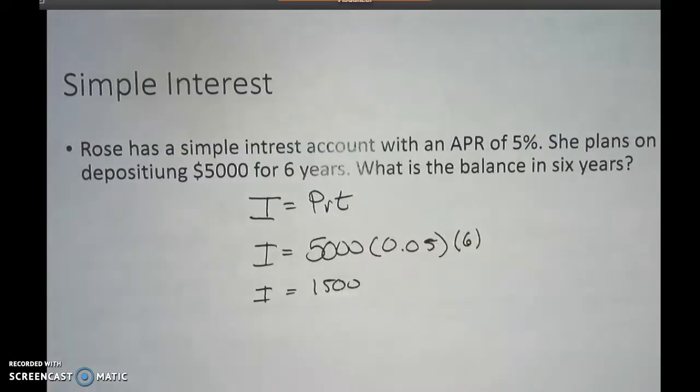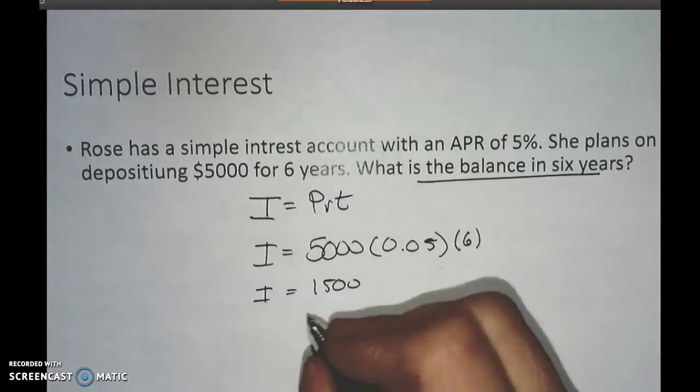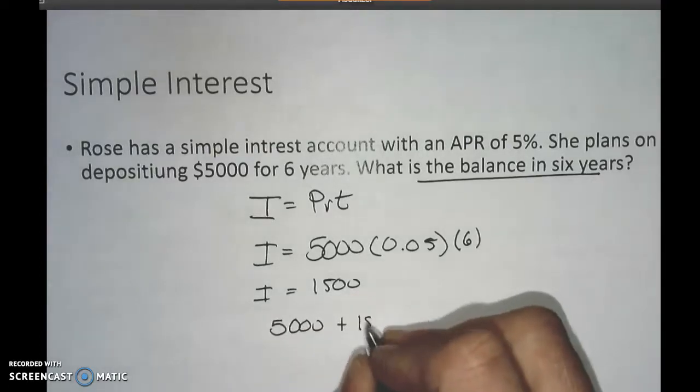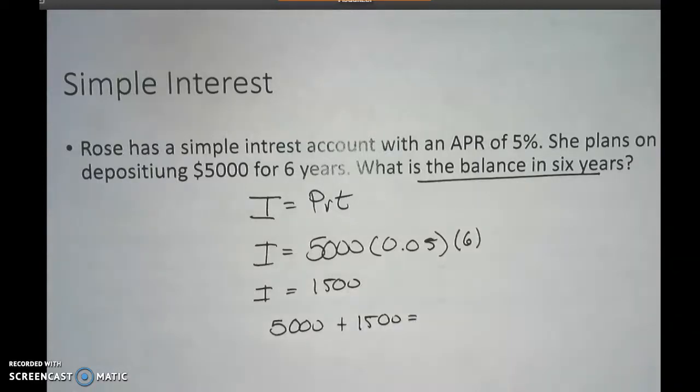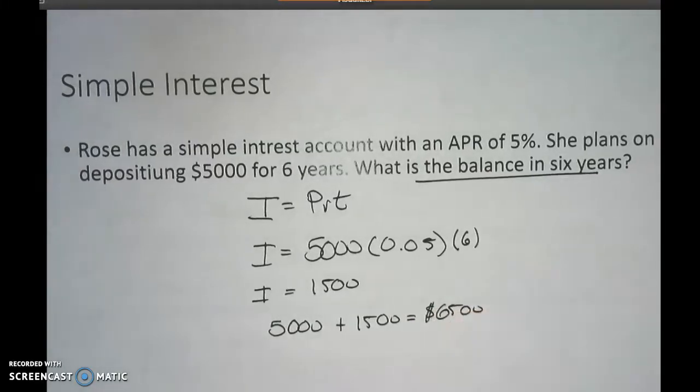Now, you have to be careful what the question is asking for. It says, what's the balance? So if it wants the balance, you take the 5,000 and add 1,500 to it, and you get $6,500.